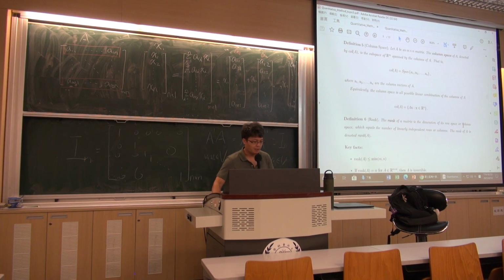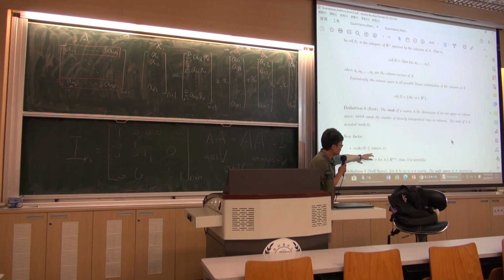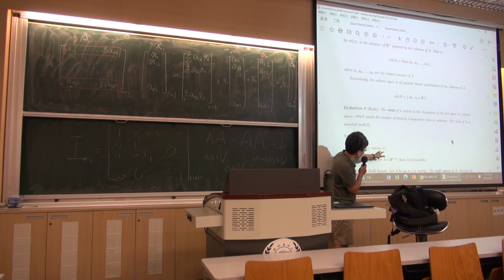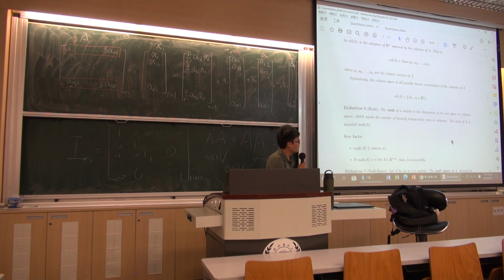It has several facts here. The rank should be smaller than, or at most equal to, the smaller of its dimensions. And if rank A equals n, and A is an n by n matrix, then we immediately know that A is invertible, which means the A inverse exists.